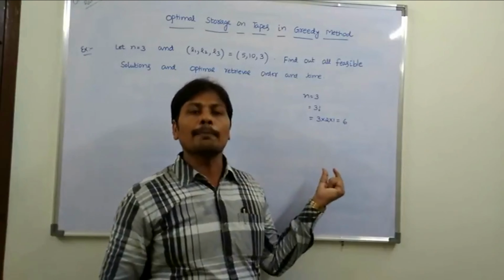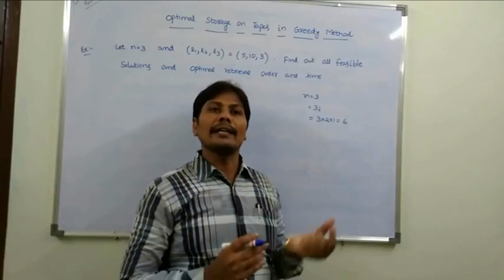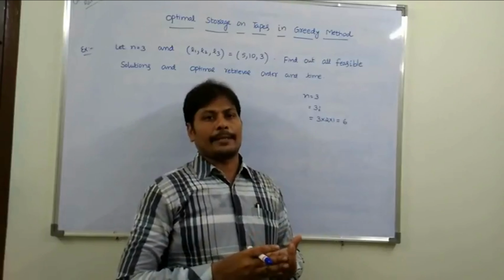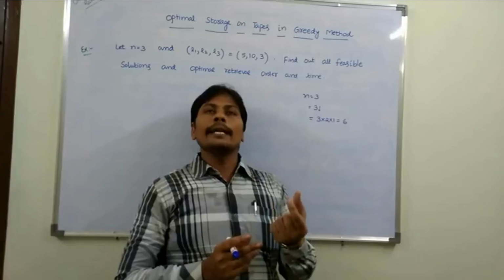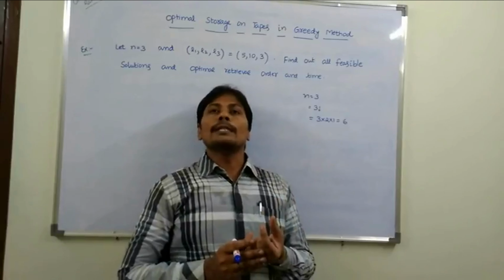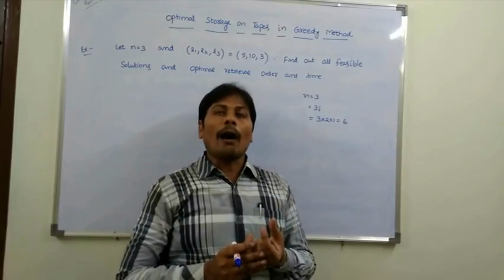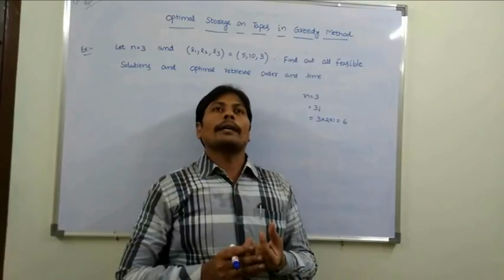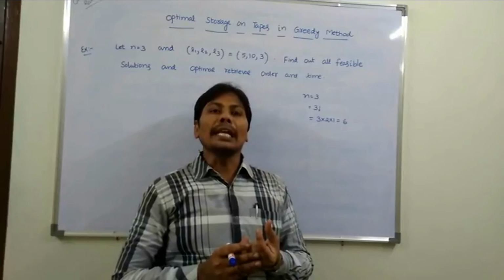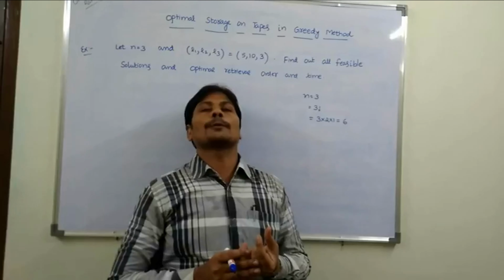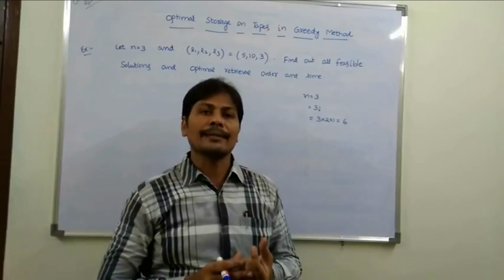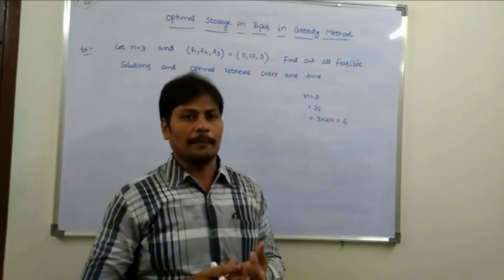So these 3 program lengths can be arranged in 6 ways. So among these 6 ways, which order has the minimum retrieval time, that can be treated as the optimal solution.